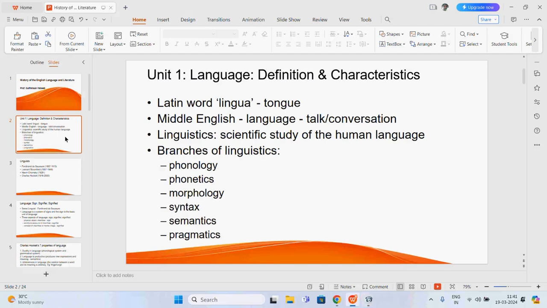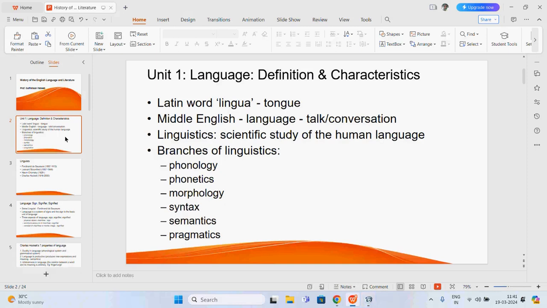The word language is derived from a Latin word lingua, as you can see on the first bullet point on your screen, which means tongue. As we move to the Middle English period, language came to mean talk, conversation.